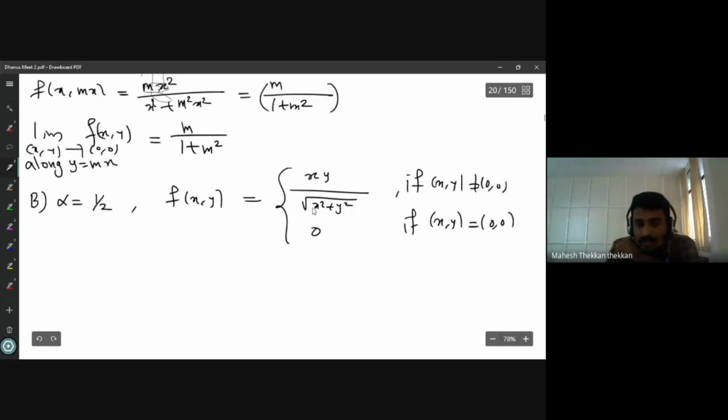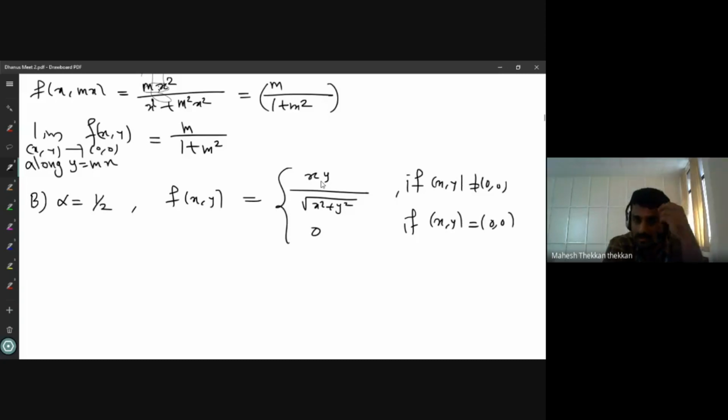And if the denominator has the highest degree, then you can have the observation that the limit does not exist. So for this case, I have an observation that the limit will exist at (0, 0), but I can do it more precisely by using polar coordinates. But before going for that, you should have some intuition whether this exists or not.